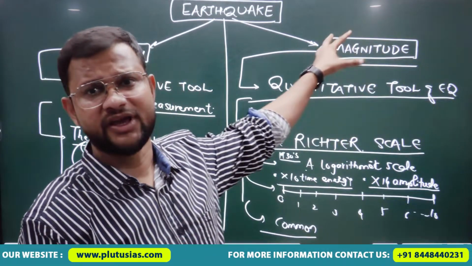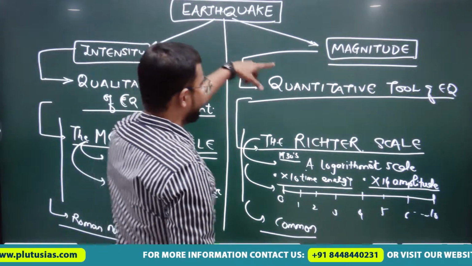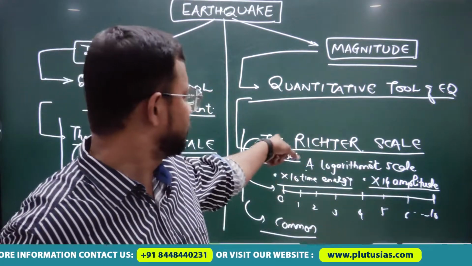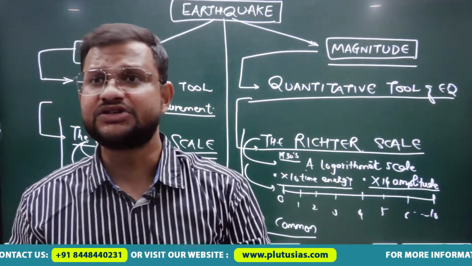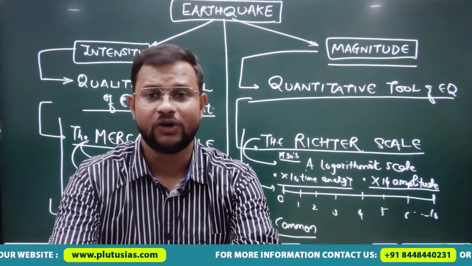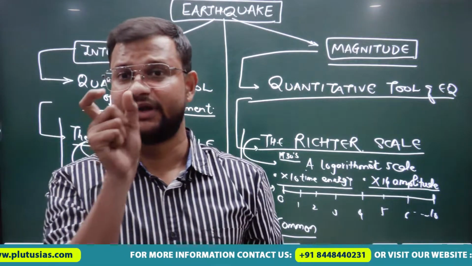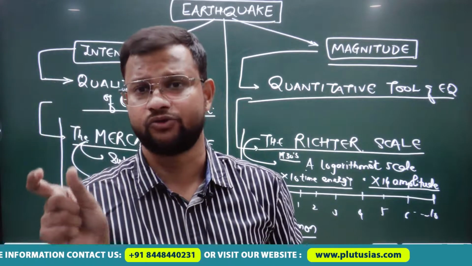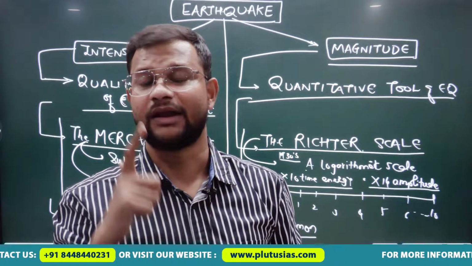In India too, the earthquake seismic zone map is more or less based on the Richter scale magnitude. So I hope you are now clear with the difference between the intensity and magnitude of an earthquake and how they are calculated.